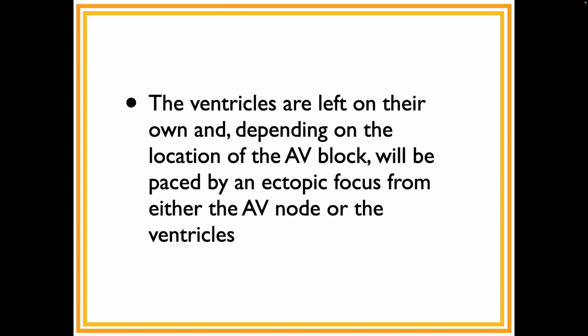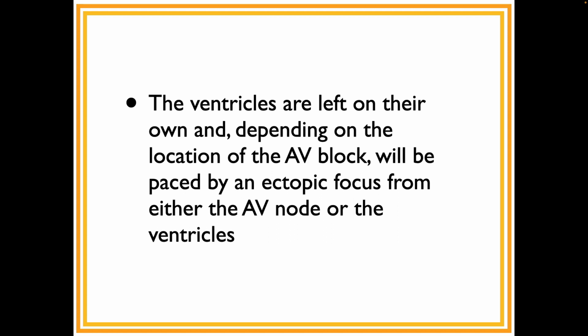Here's our heart. SA node, AV node. And I'm going to draw the AV node kind of longer here. Okay, someplace in this vicinity, there's going to be a complete block that's just going to stop all impulses coming from the north, coming from the atrium, okay?